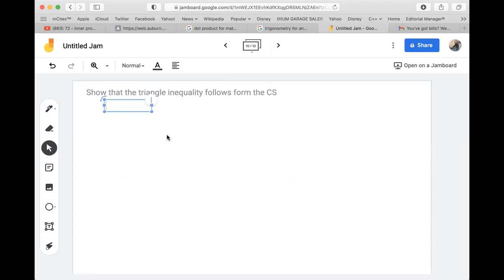So now we have this: the norm of x plus y, by definition of the norm, is equal to the square root of the inner product of x plus y.